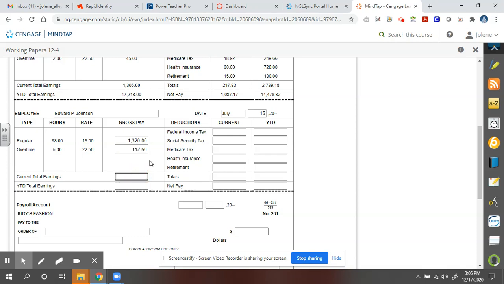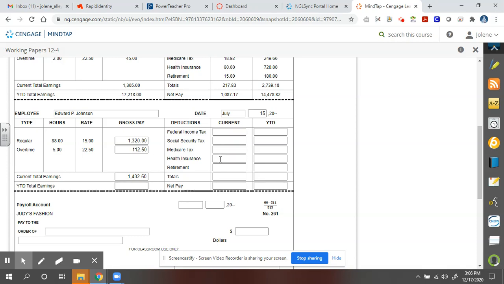Then his current earnings, we add those two together: $1,432.50. That's his gross pay. Remember, he doesn't get to take that home. We still have to take his deductions out.